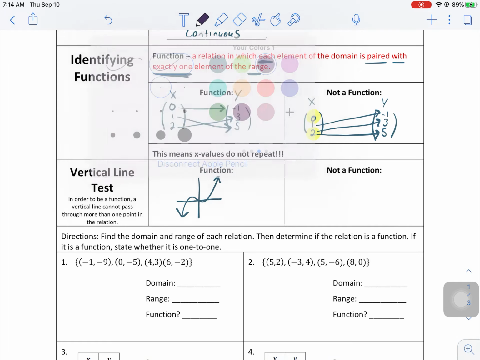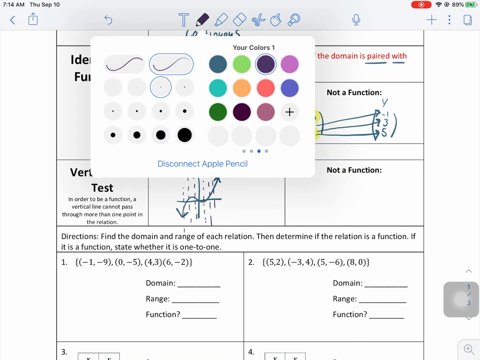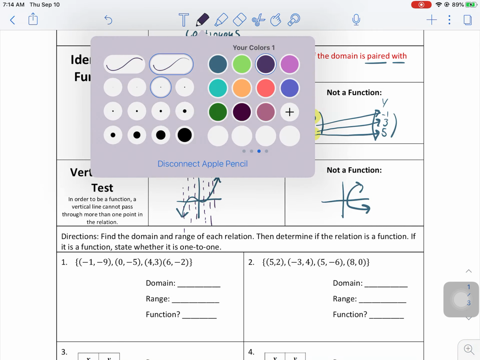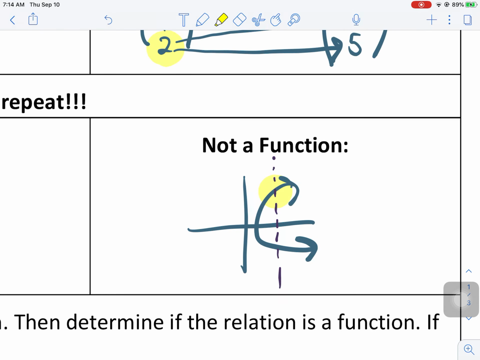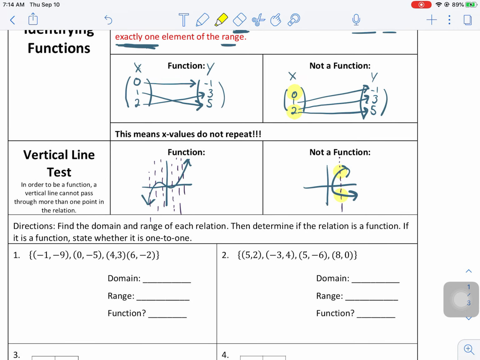That means we would pass the vertical line test, meaning that we have a function. Something that doesn't pass the vertical line test would look like this. If we draw a line vertically through this, it passes at 2 spots, here and there. So that would not pass the vertical line test.